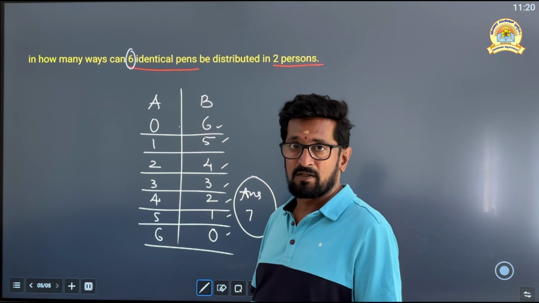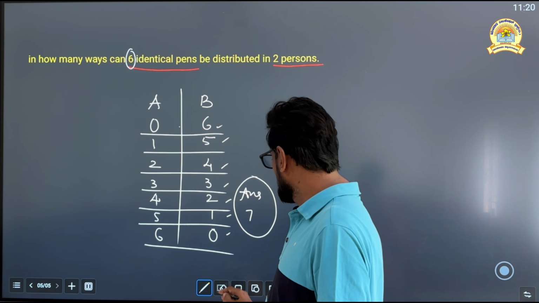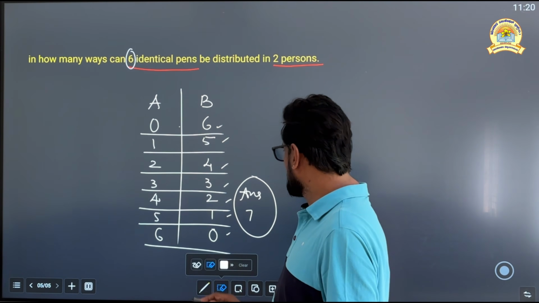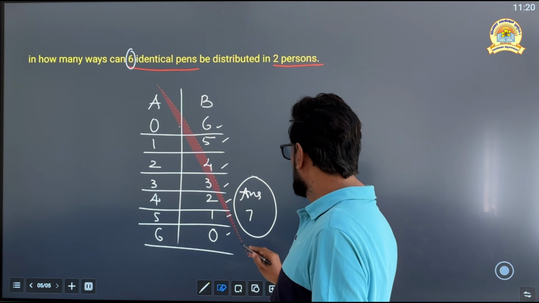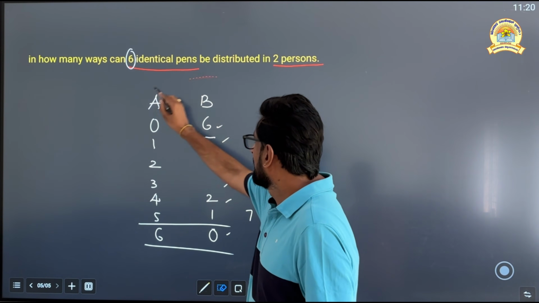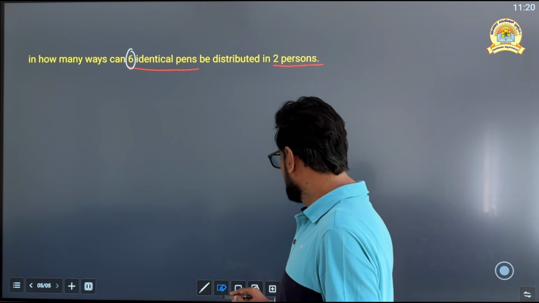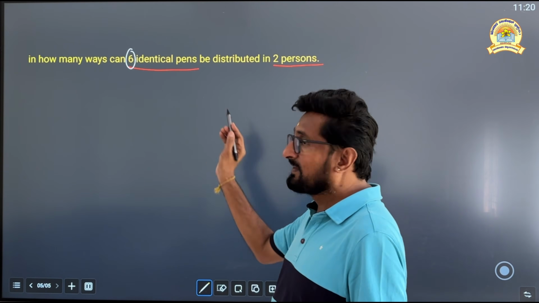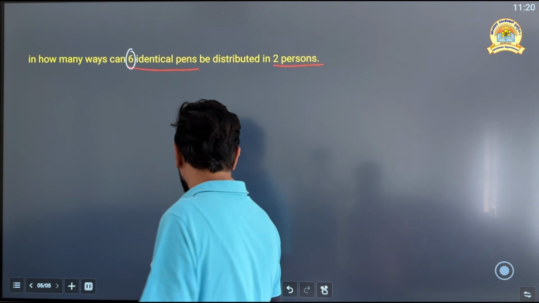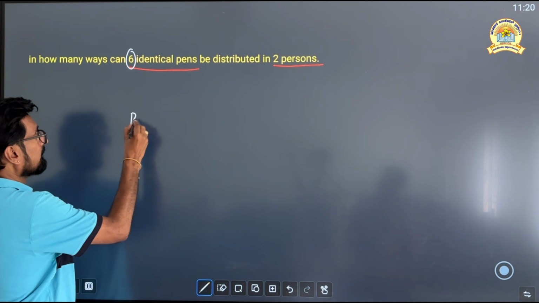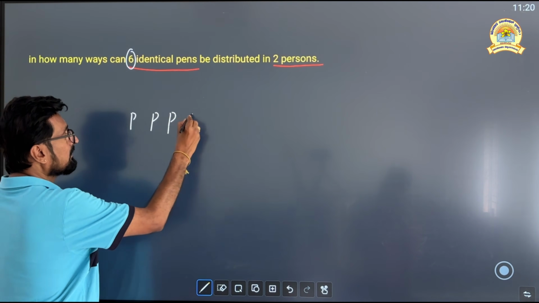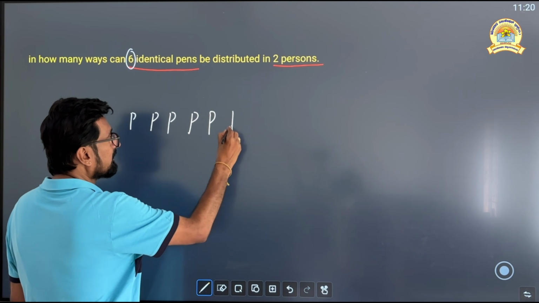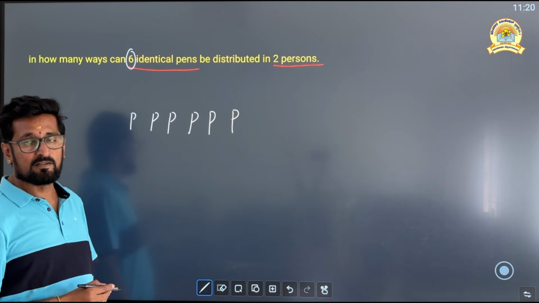By using one shortcut. The same problem can be done by using a shortcut called the scale method. What is that scale method? You just write down 6 identical pens like this.